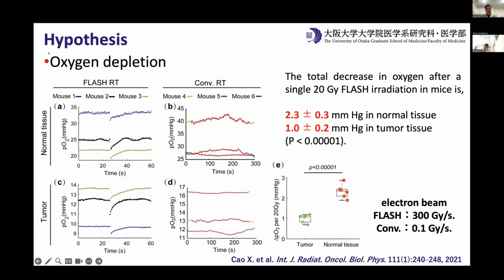So here is one of the paper results of experiments on mice using the FLASH electron beam.